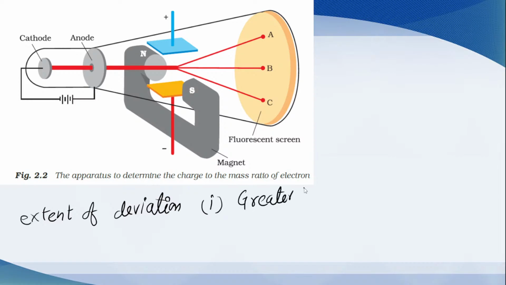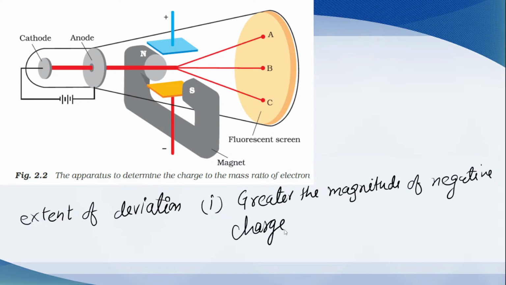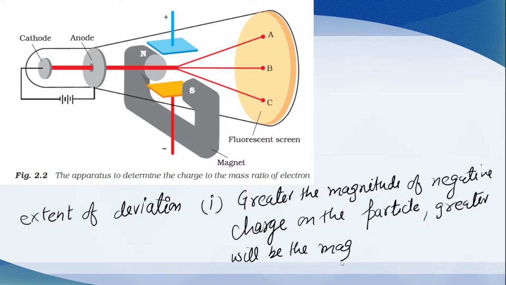So greater the magnitude of negative charge on the particle, so greater will be the interaction with the electric or magnetic field, and thus greater will be the magnitude of deflection.